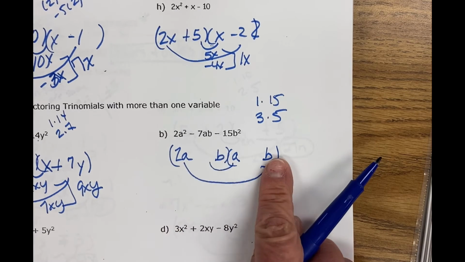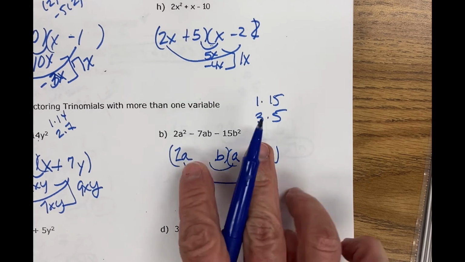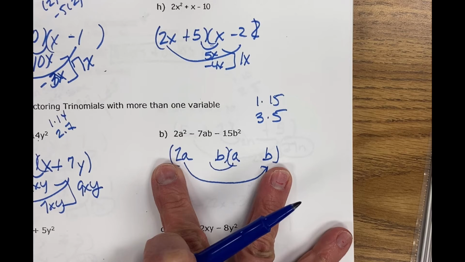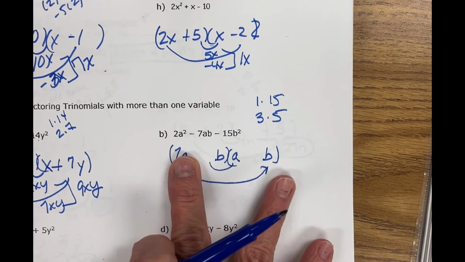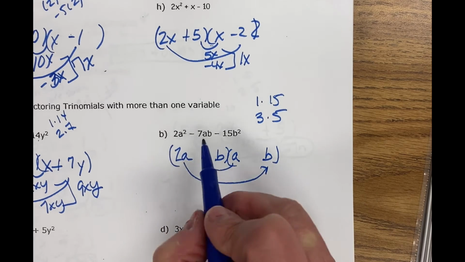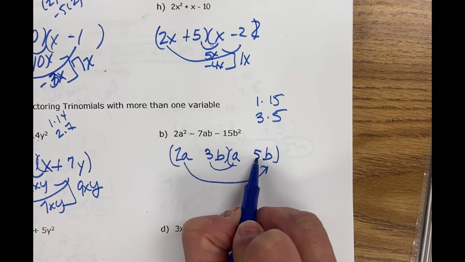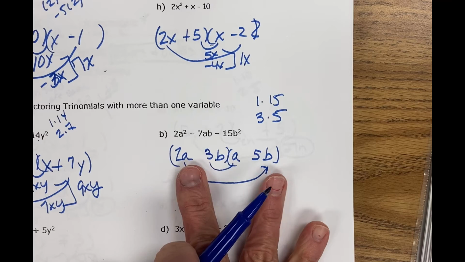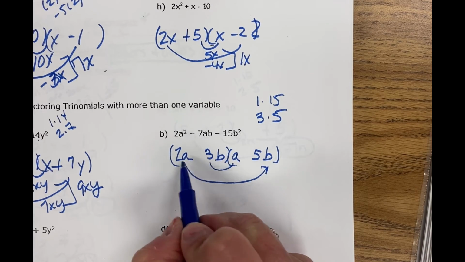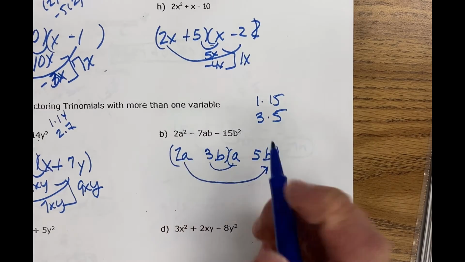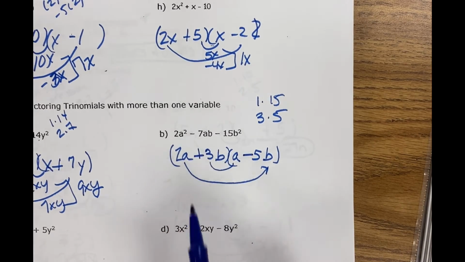If I put 15 here, I'm already at a 30, so I know that's not going to work. If I put a 15 here, I know I'm going to be at 13, so it's going to be the combination of 3 and 5. And if I put a 3 here, this is going to give me 10 and 3, and so if I need a negative, I have to have the negative over here.